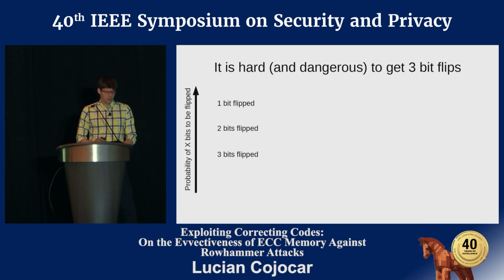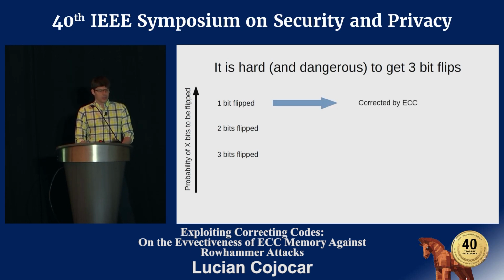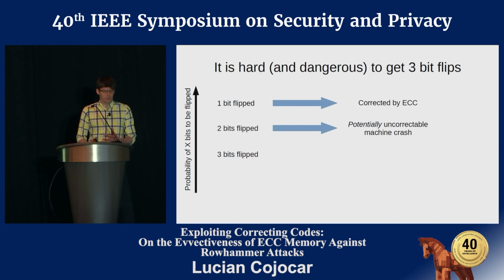So let's see what happens when 1 bit is flipped. When one bit changes in memory, any ECC function out there will be able to correct it, right? Because it stands for error correction code, and at least it should do something for 1 bit. If 2 bits are flipped, then this could be a potential uncorrectable error.